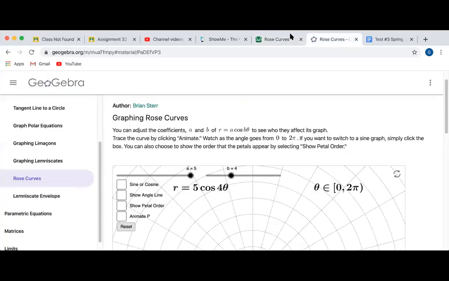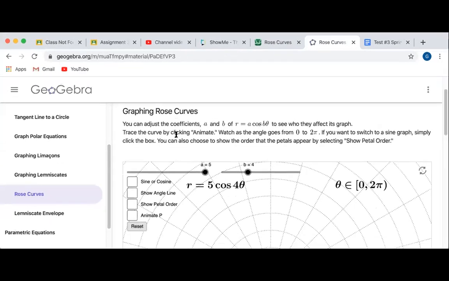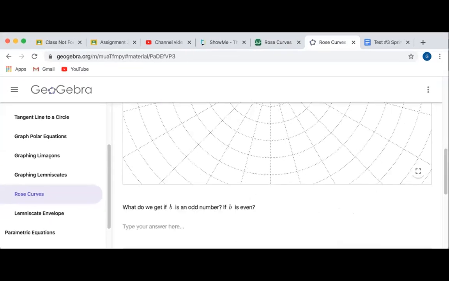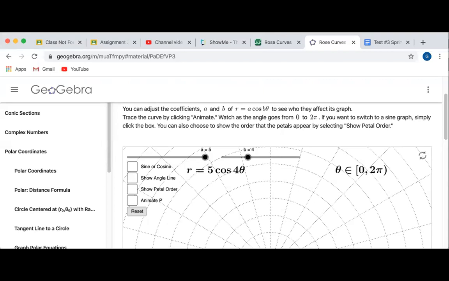Here we go. And I will provide a link to this for you because it really is instructive to mess around with this. Let me see if I can have many windows that you don't see. Actually, I don't know if you can see that. Okay, let me go back to the window.